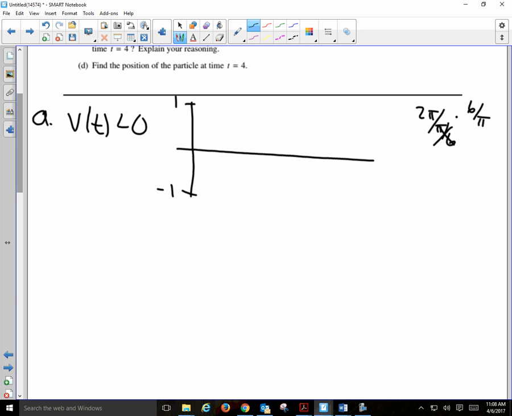Multiply by 6 over pi, what do I get? 12. So if I get 12 and I mark it off, starts up, goes down. So by looking at this graph, where is it below the x-axis?